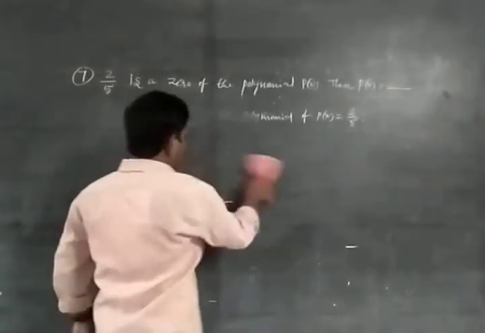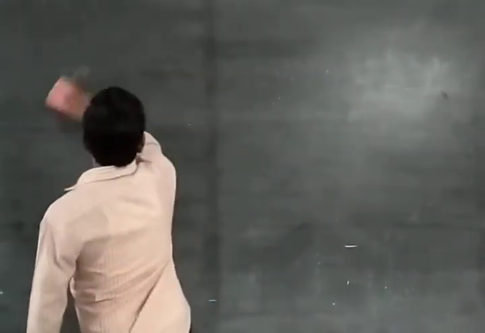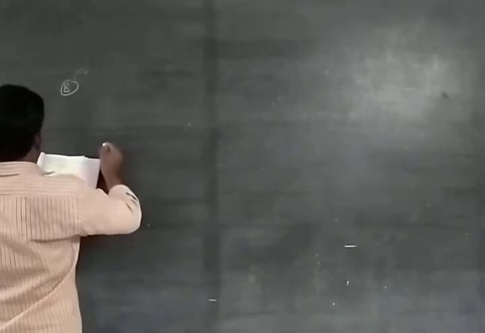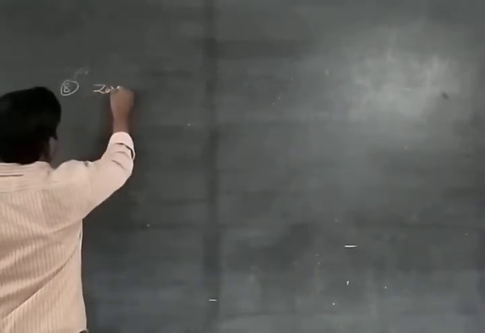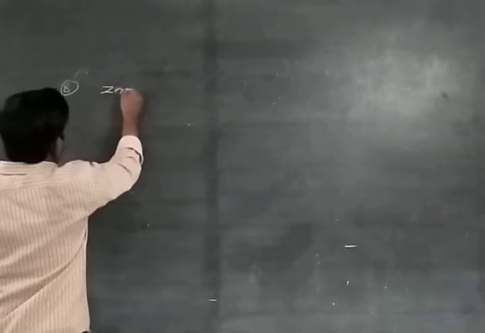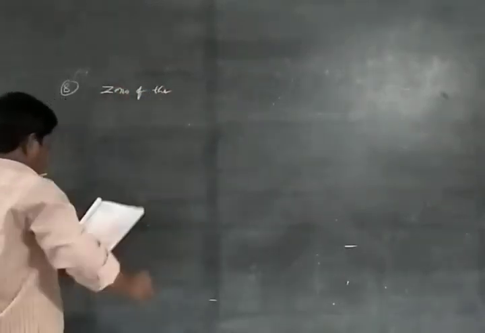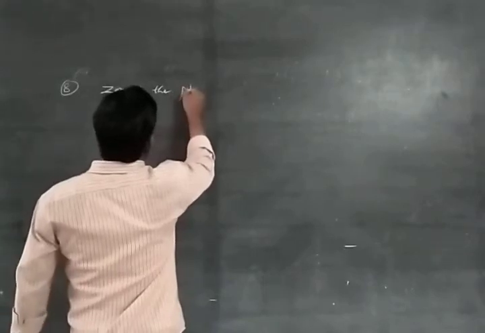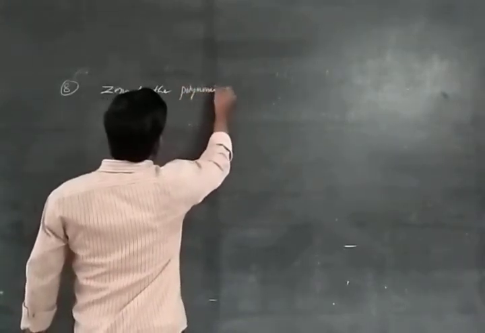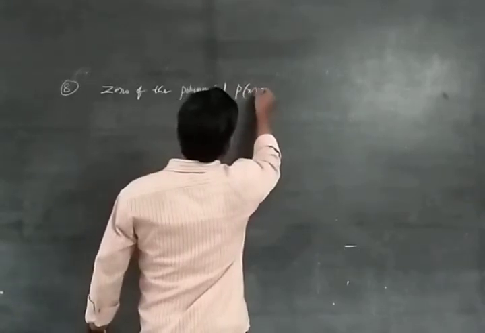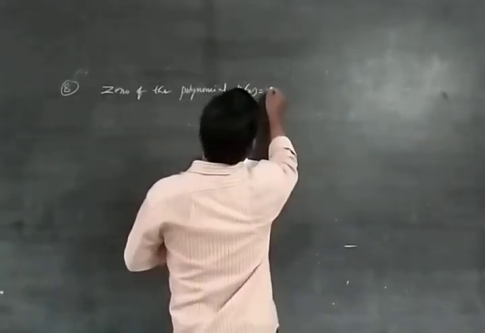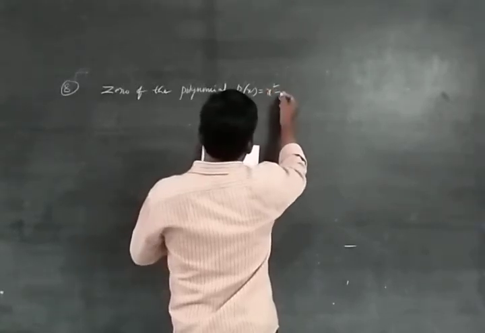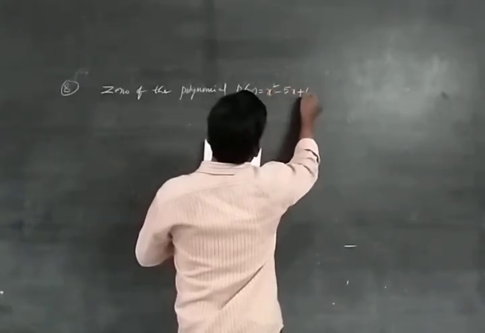Next, the eighth one. Find the zeros of the polynomial p of x equal to x square minus 5x plus 6.